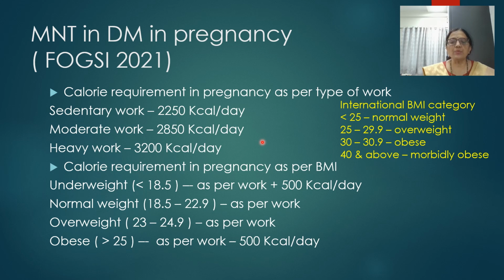The dietitian might know, but it is better to give clear instructions, because medical nutrition therapy is the first line treatment for gestational diabetes mellitus, and it also plays a major role in controlling blood sugar in overt diabetes. So we need to be more careful.